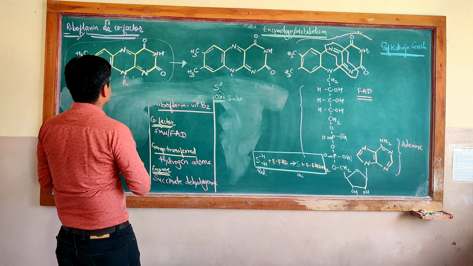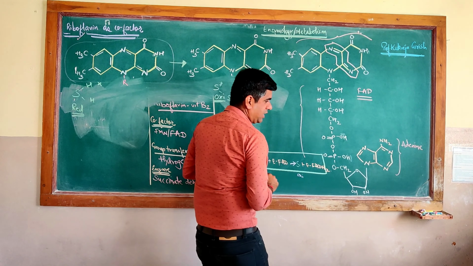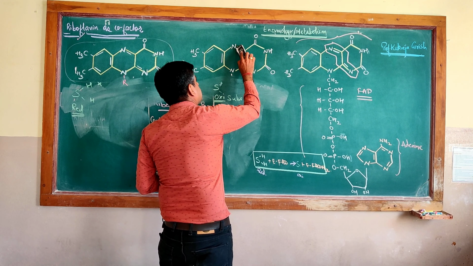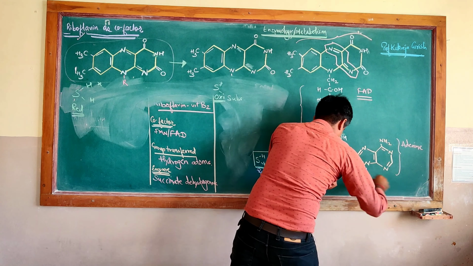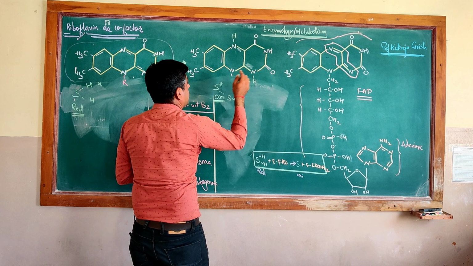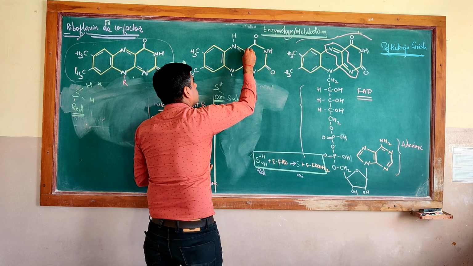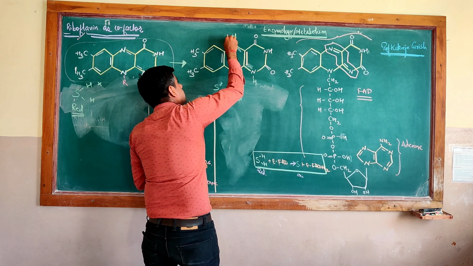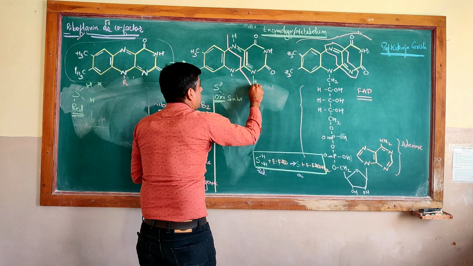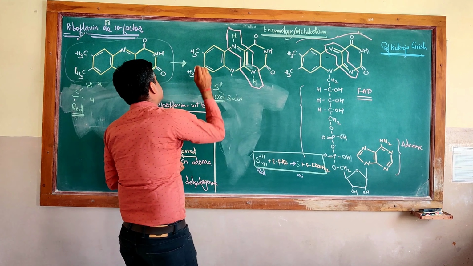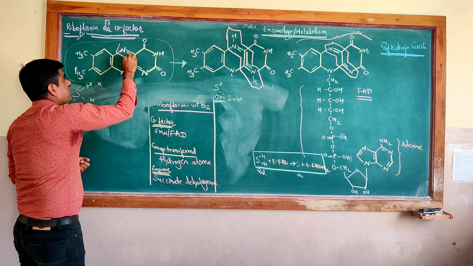The hydrogen atoms are transferred to this ring here. So you'll have a slight change in the structure where the hydrogens will be attached, and there will be an introduction of a double bond here. So actually you are going to focus here now. This is where your hydrogens are attached. This is a transient conversion of your FAD.